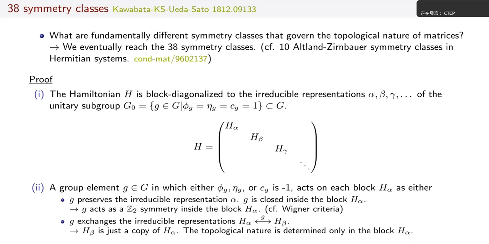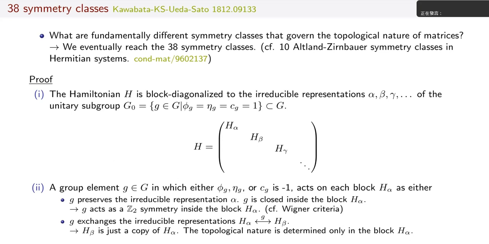This can be constructed from the tenfold way, the tenfold single symmetry classes in Hermitian systems. So my point is, in non-Hermitian systems, with some definition of fundamental symmetry, we eventually get 38 symmetry classes.